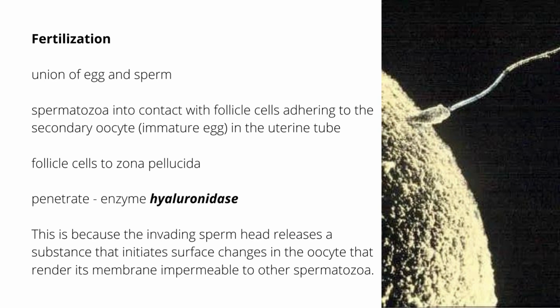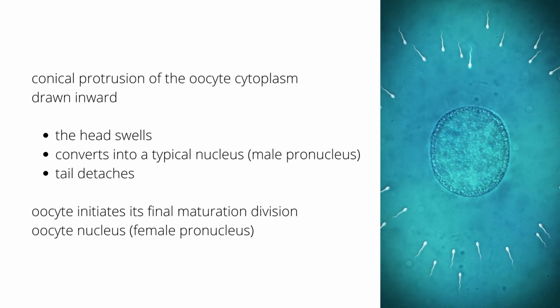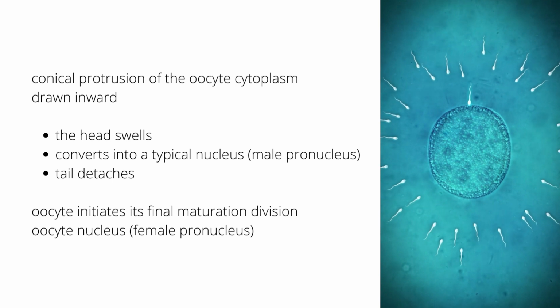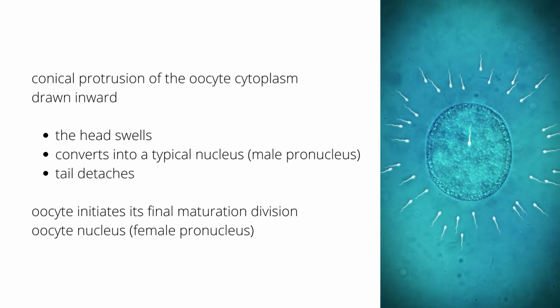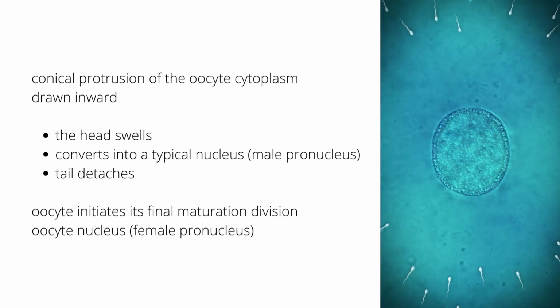This is because the invading sperm's head releases a substance that initiates surface changes in the oocyte that render its membrane impermeable to other spermatozoa. The successful sperm is engulfed by a conical protrusion of the oocyte cytoplasm, and then it is drawn inward.